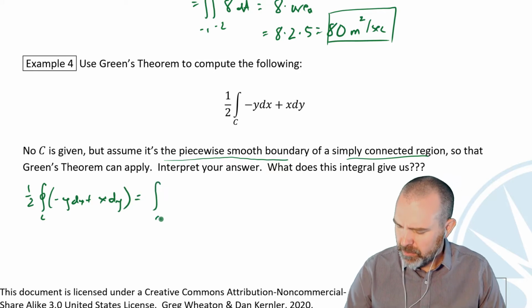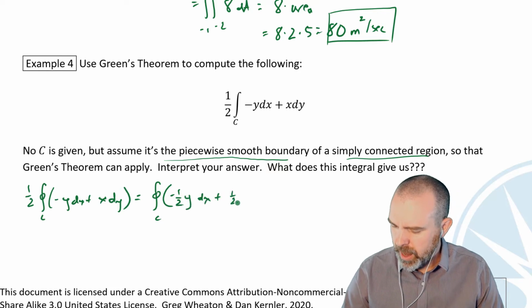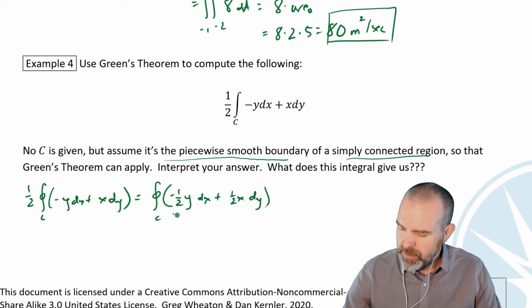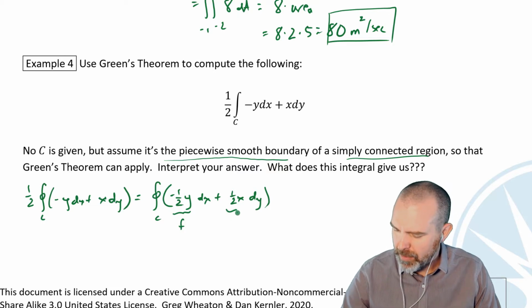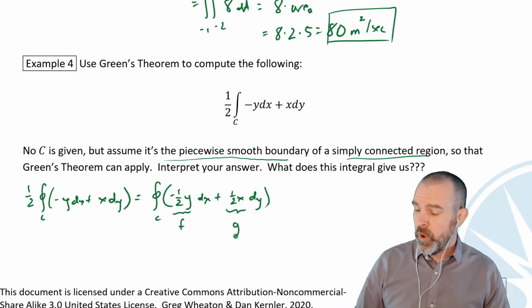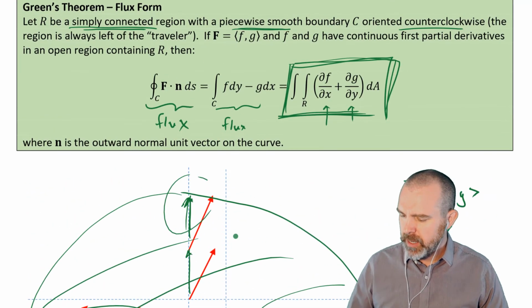Well, let's pull this in so it looks like Green's theorem. -1/2 y dx plus 1/2 x dy. Okay, this must be our f, and this is g. This is the differential form of Green's theorem.